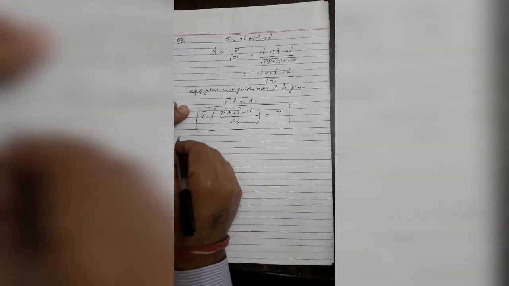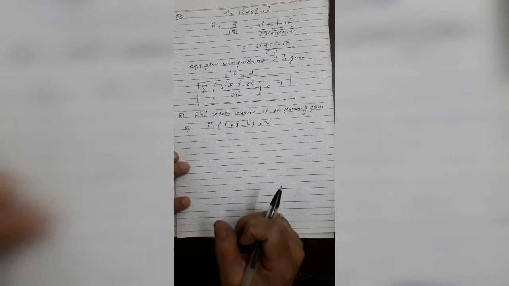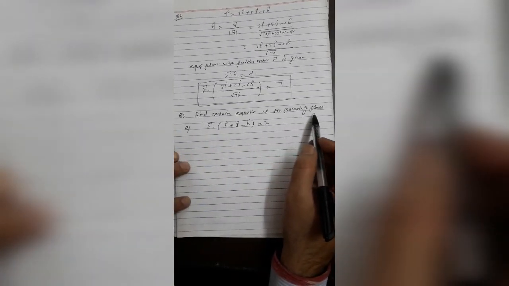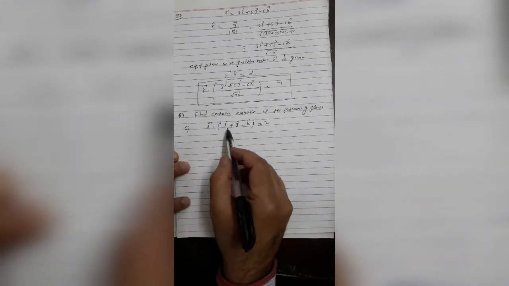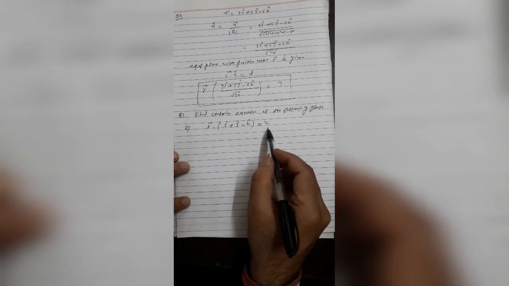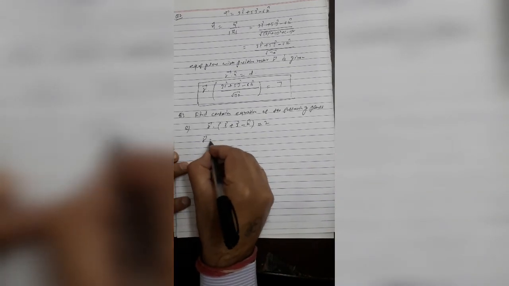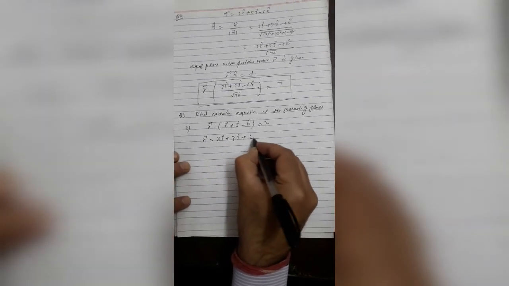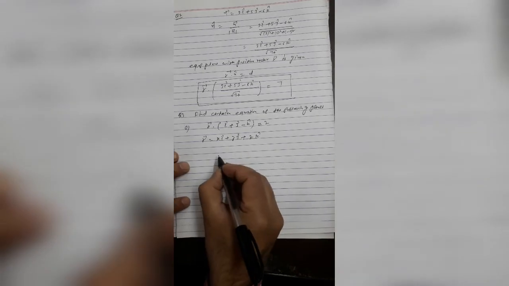Now let us come to question number 3 students. In question number 3, find the Cartesian equation of the following planes. A part is r vector dot product with i cap plus j cap minus k cap is equal to 2. So here students, this r vector is equal to x i cap plus y j cap plus z k cap, right?